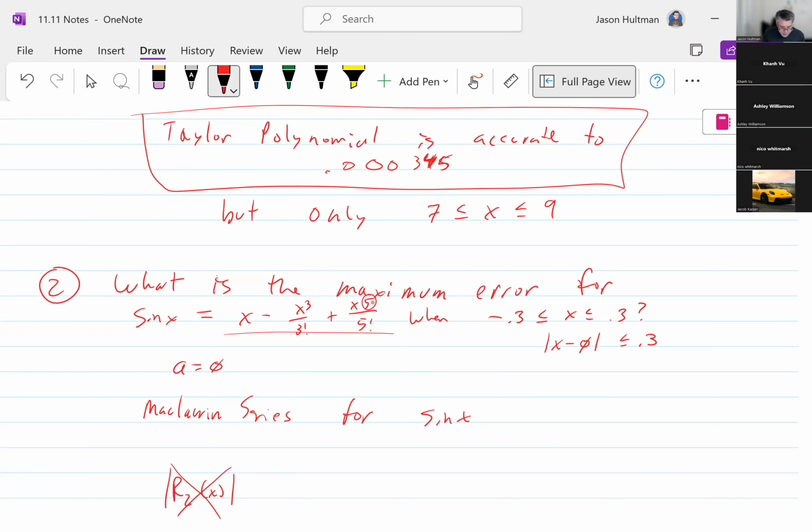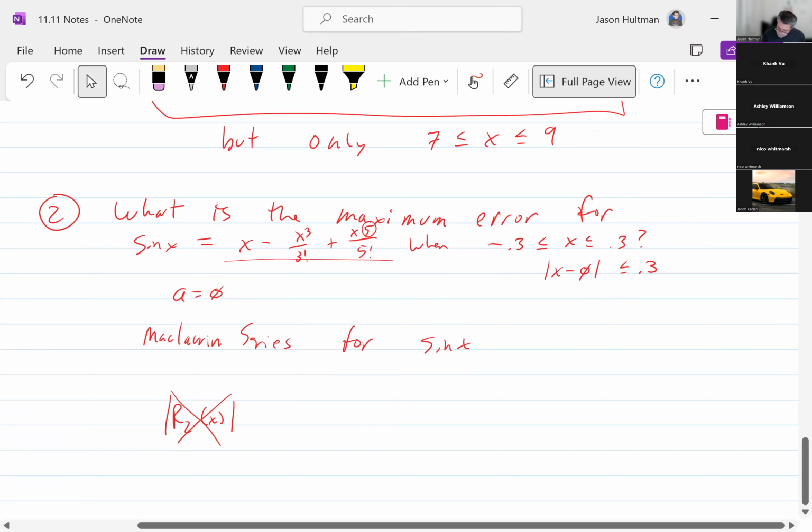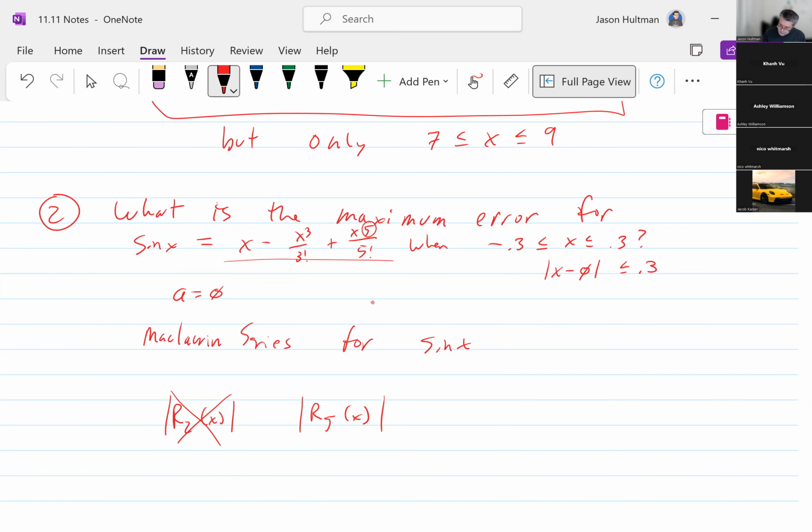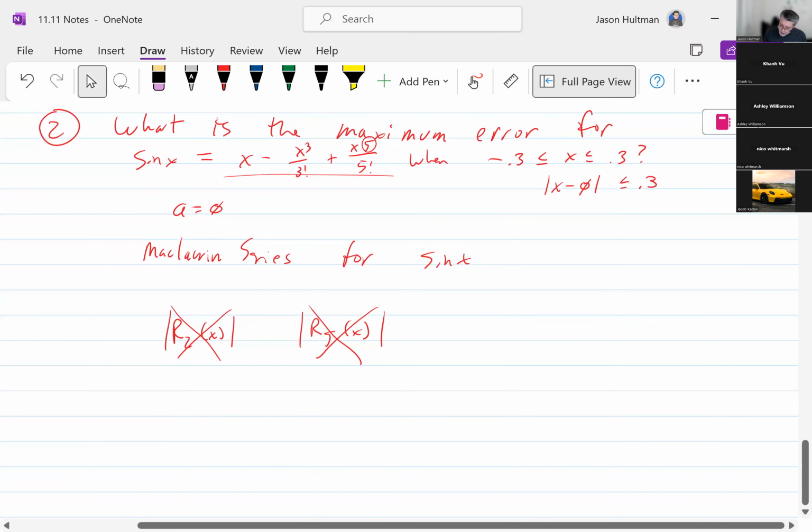So you would think that it would be R5 of X, because we have degree 5, and you would be wrong once again. So sorry. Alrighty then. Let's write out some terms here so that we can figure out what we're doing.